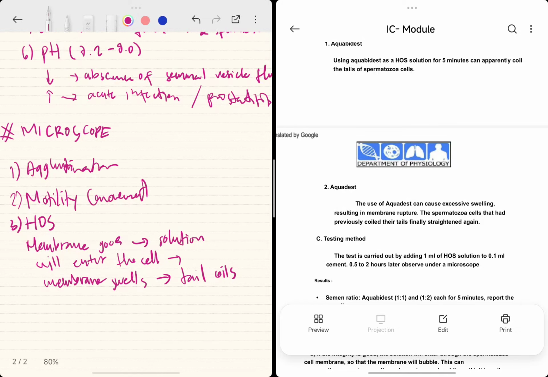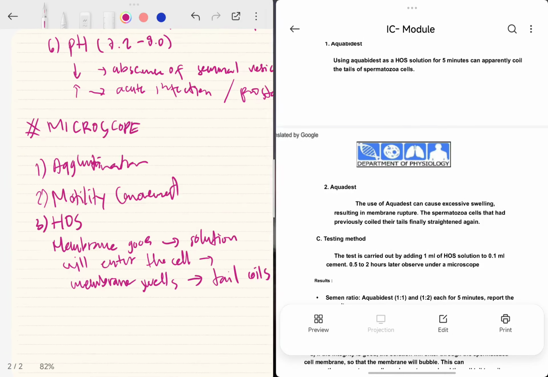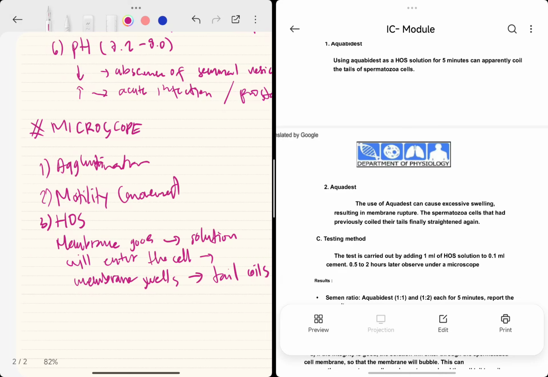The coil could be only at the tip, or a third, or half of the tail, or the whole tail could be coiled. If more than 60% are positive or coiled, it means it is normal.